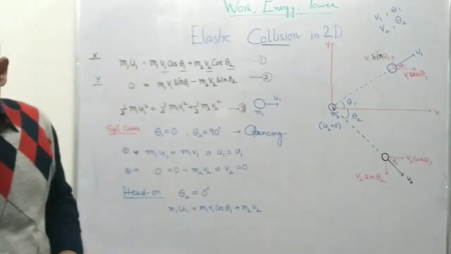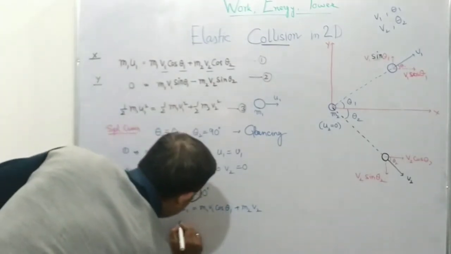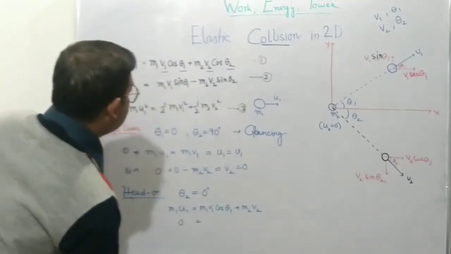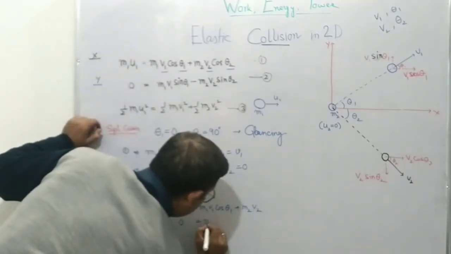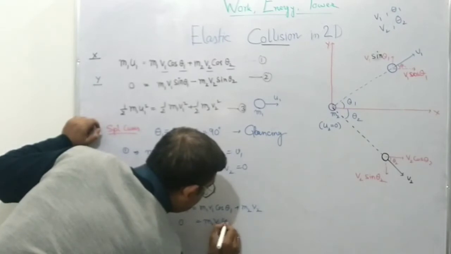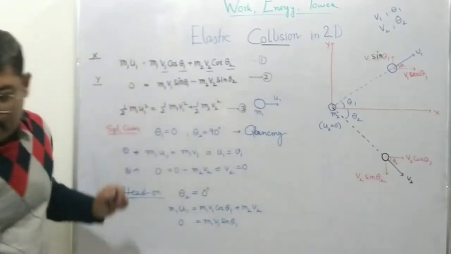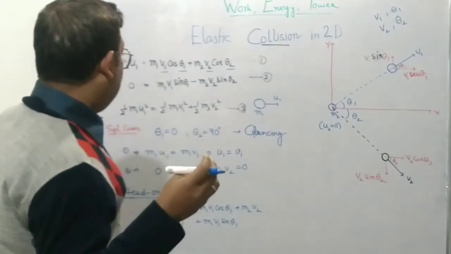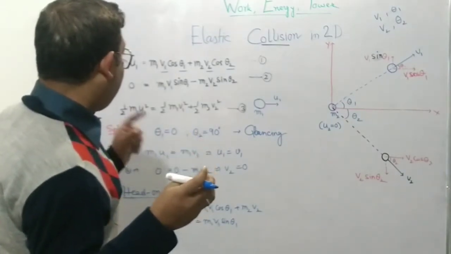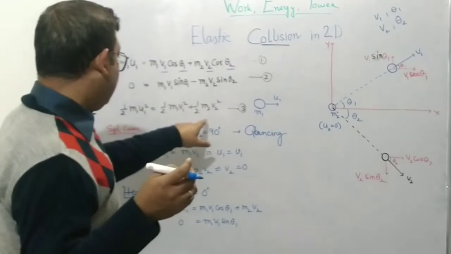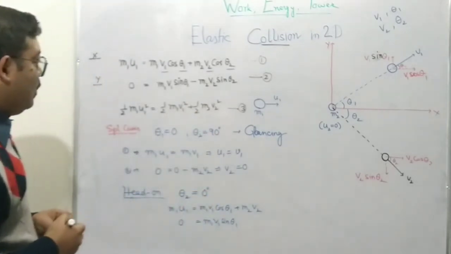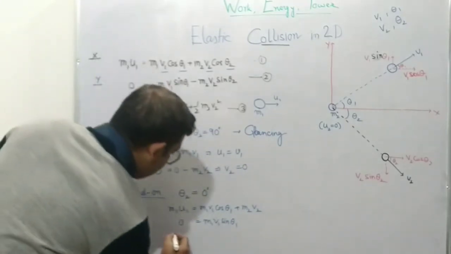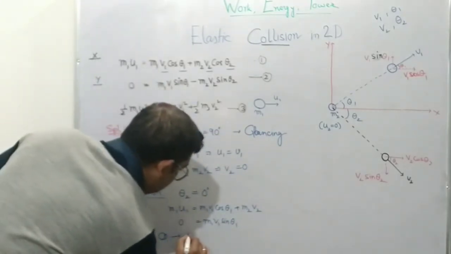Second equation will be 0 equals, from equation number 2, M1 V1 sin theta 1, right. And finally, the third equation will not get altered at all; equation number 3 remains.